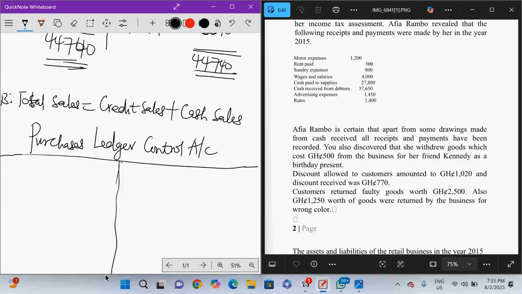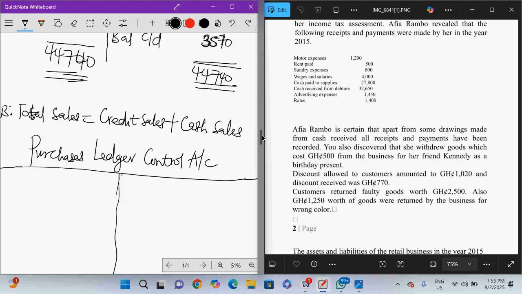Cash sales does not come to the sales ledger control account. I'm sure when we were doing control account, we said some of the items are not recorded in the control account, and cash sales was also listed. You do this just to find the total sales to be sent to the income statement.